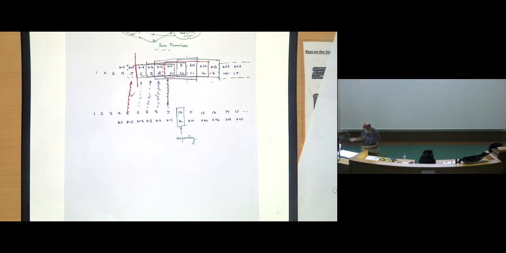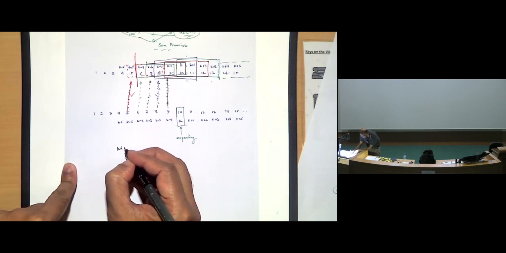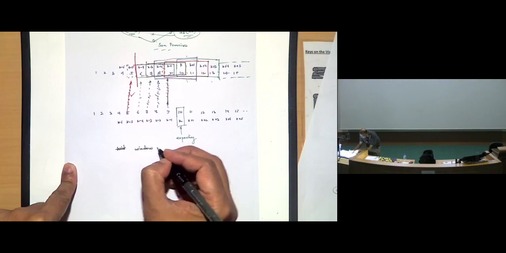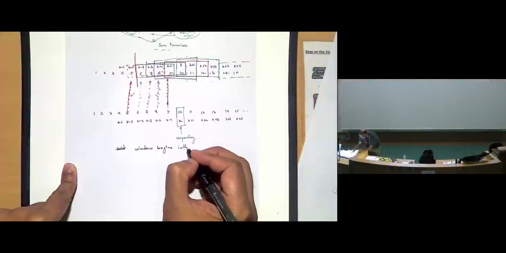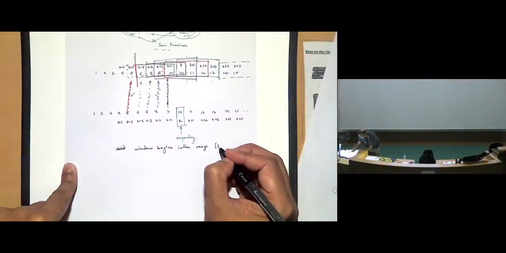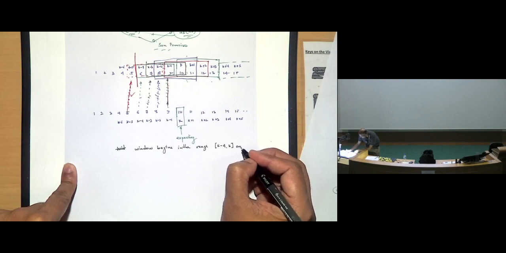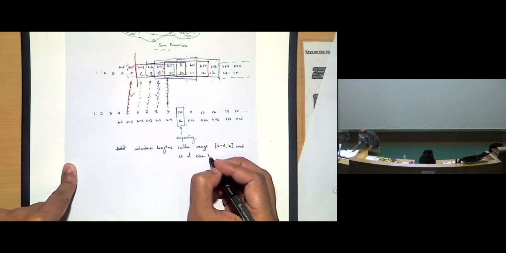So, in this case, what I say is, the window is in the range k minus 4 to k, and of size 4.